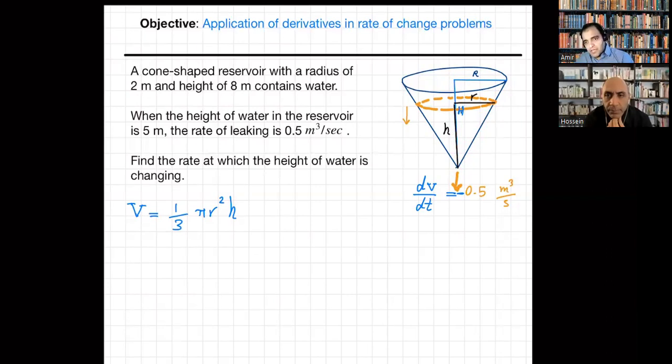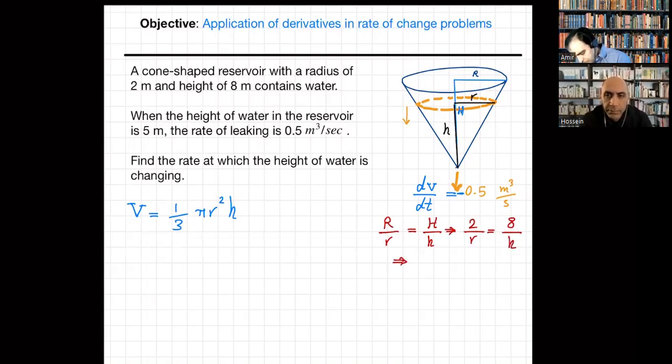From the big triangle to the small triangle, we have R of the big triangle over r of the smaller one is equal to H over lowercase h. And we know that the big R is 2 meters and the big H is 8 meters.